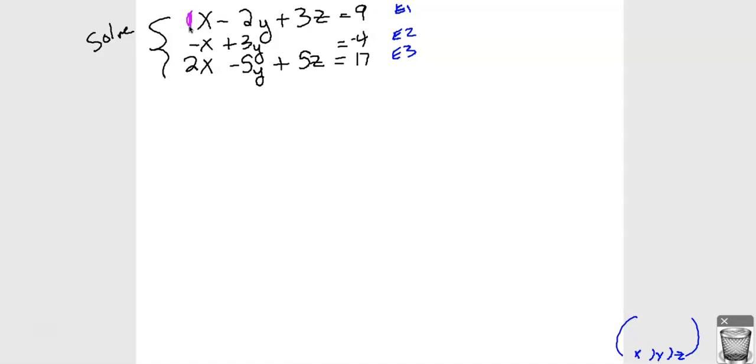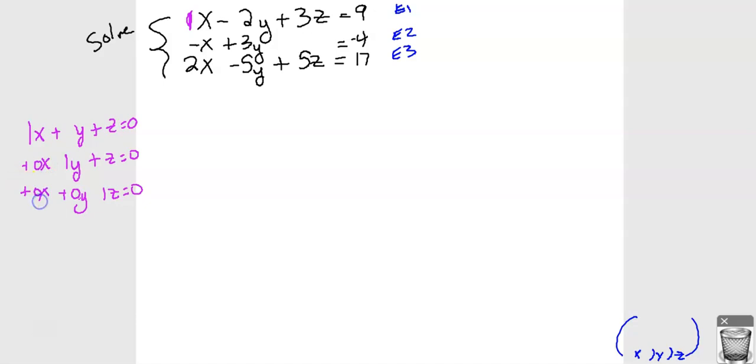And what we're going to try to do, if you notice, row echelon form is going to look like this. It's going to look like 1x plus something y plus something z equals something, and then you're going to have 1y plus something z equals something, and then you're going to have 1z. So we need to basically get rid of the zeros in that third equation, and we need to get rid of all the x's.